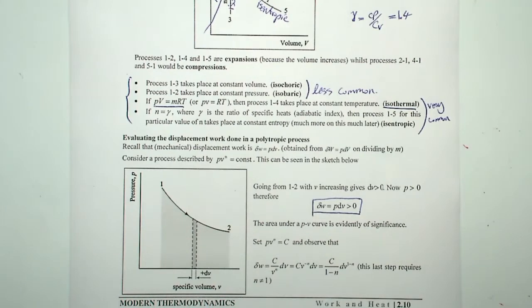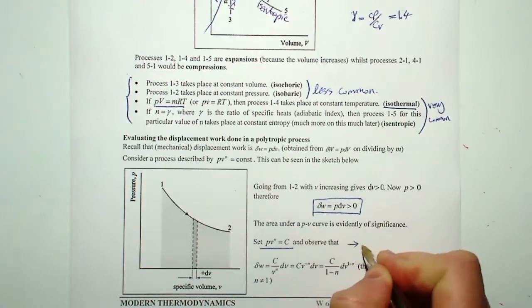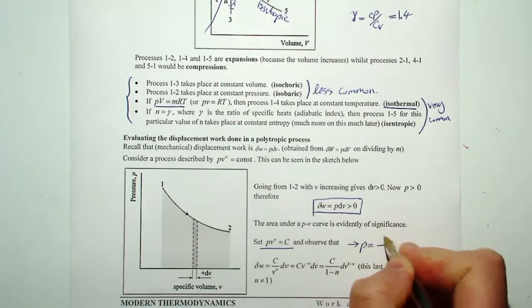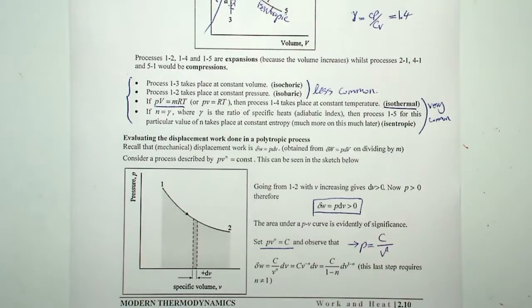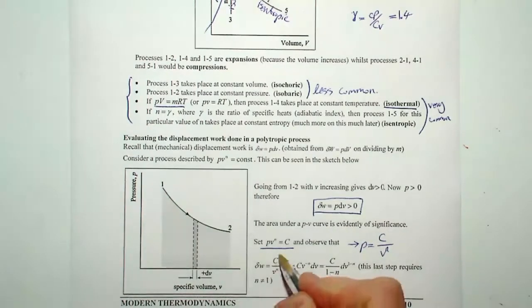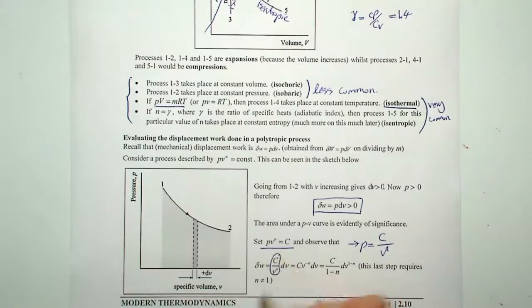Let's start again with the fact that PV to the power of n equals a constant. I can rearrange this and write that P is equal to this constant divided by V to the power of n. And I can use this definition of P in my work equation.